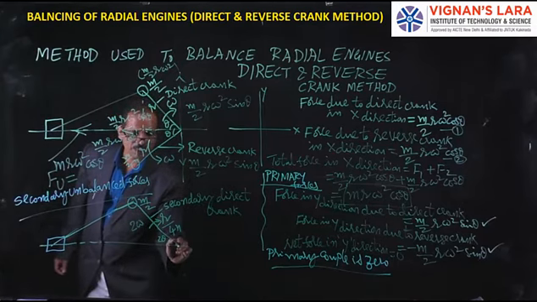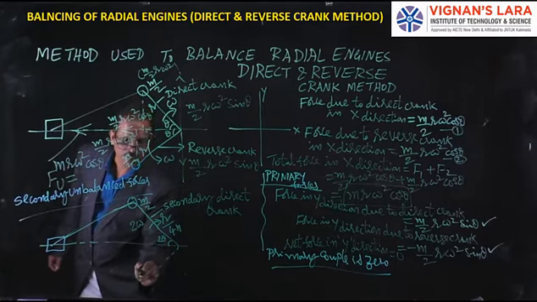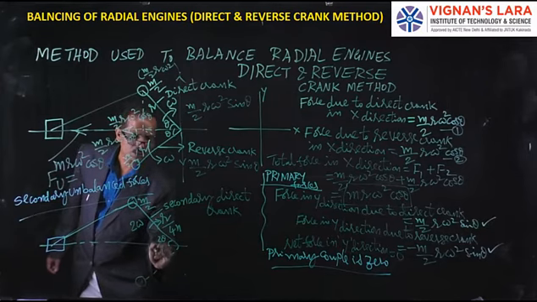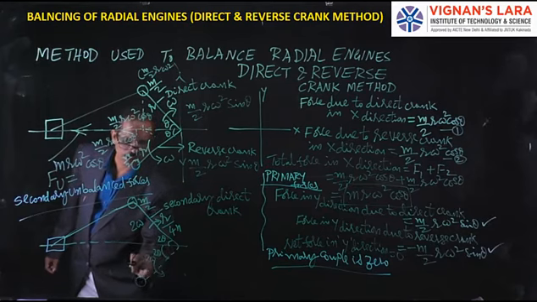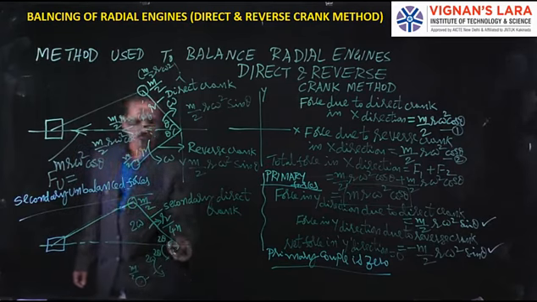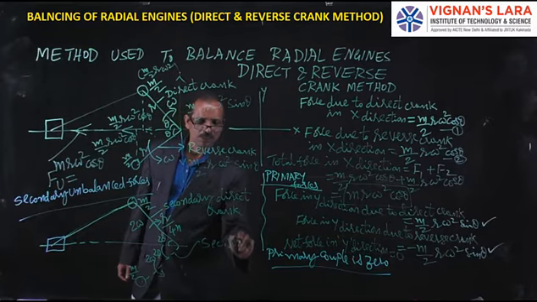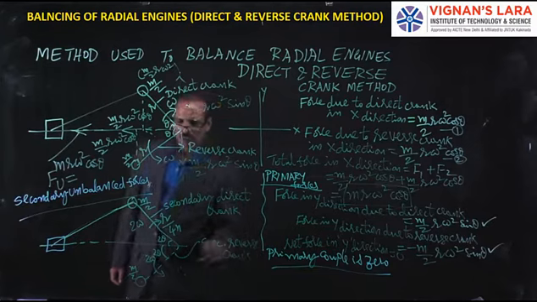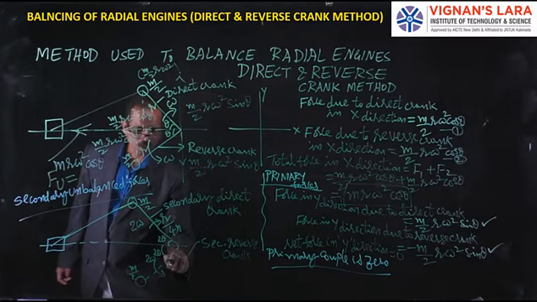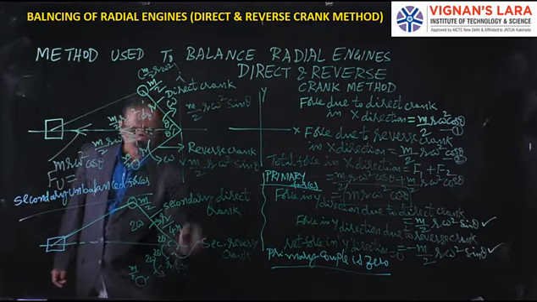So for the secondary reverse crank, this is 2 theta, this is 2 omega, this is m by 2, and this is also with r by 4n length.